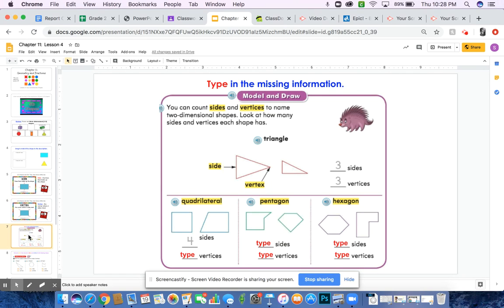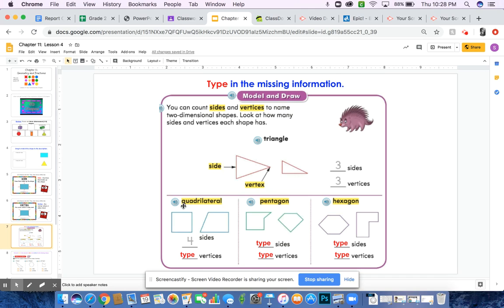The next part of the lesson is going to give you a little more information. So at the top, it says you can count sides and vertices to name two-dimensional shapes. So for example, the first one is a triangle, and they're letting you know that a triangle has 1, 2, 3 sides, and it has 1, 2, 3 vertices.